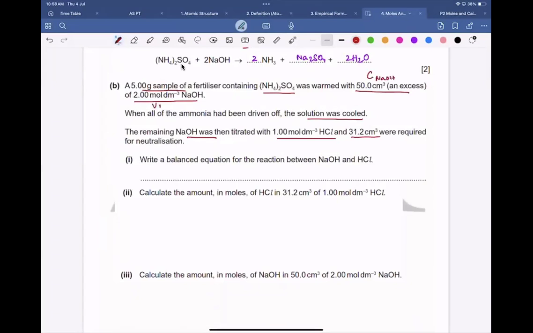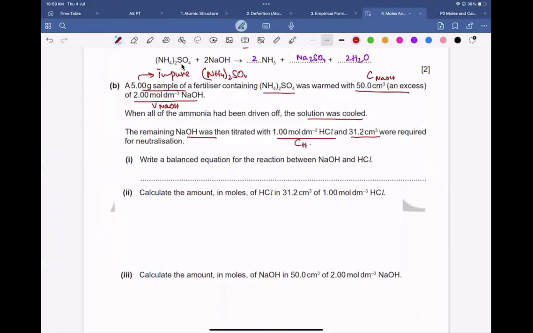Here we got the volume of NaOH, which is in excess, right? And that is the sample containing fertilizer. So it is basically impure ammonium sulfate. That 5 gram is not whole ammonium sulfate. There are some impurities in it. That's why we are going to calculate the purity.